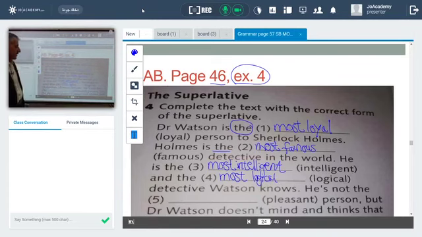Logical detective Watson knows. He is not the what pleasant person. He is not the what we need to put here. The most pleasant person, of course.